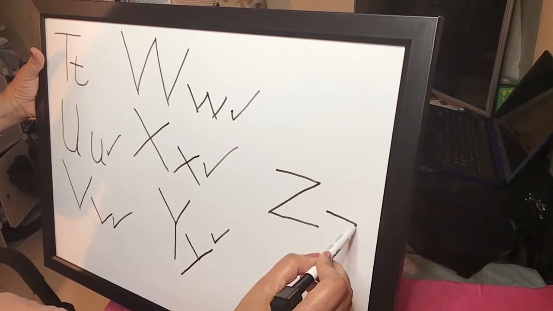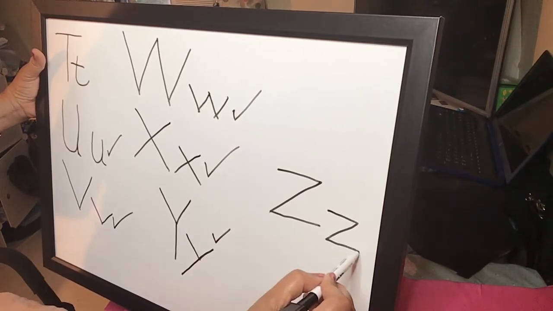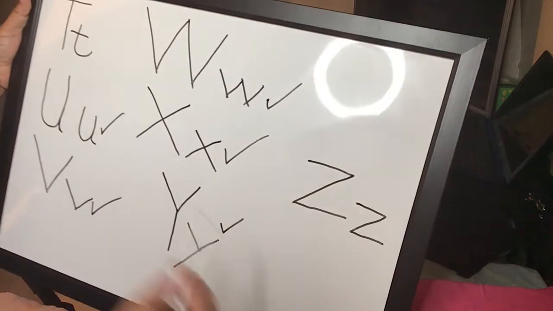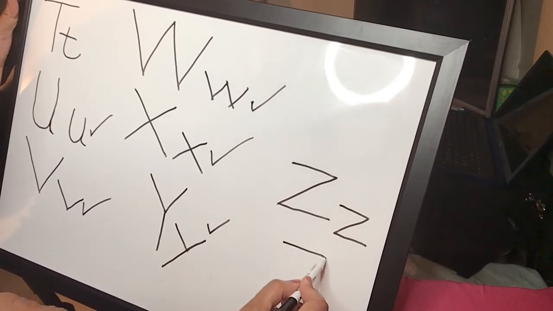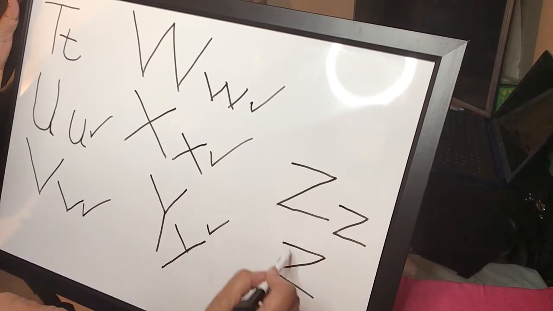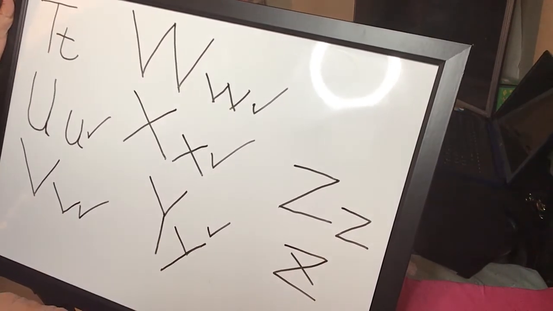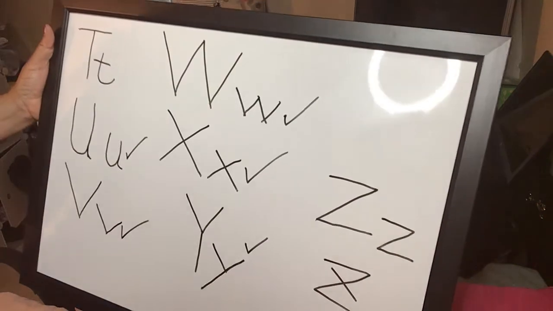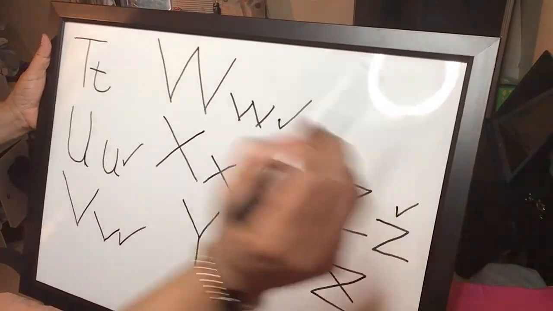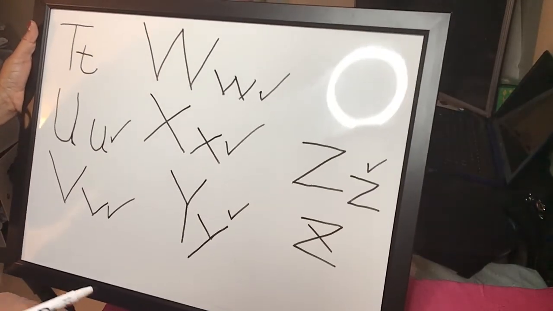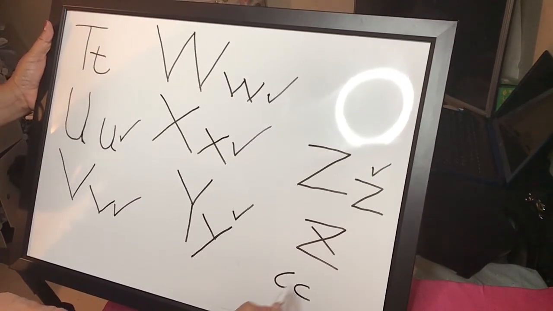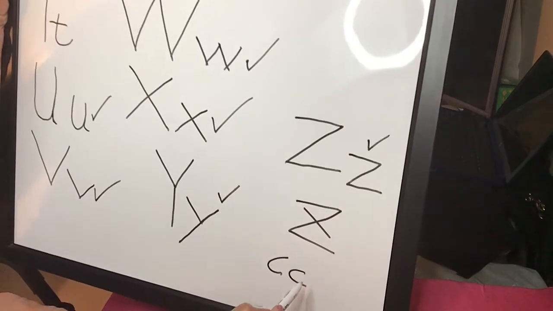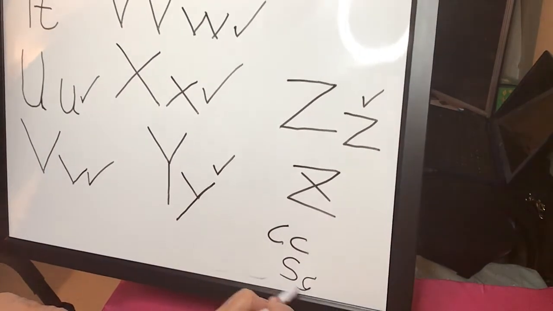That way, that way, this way. But I like to make my Z like this. That way, that way, that way, and then that way. I don't know why. This is another twin. And some other twins that you could look at were the letter C and the letter S.